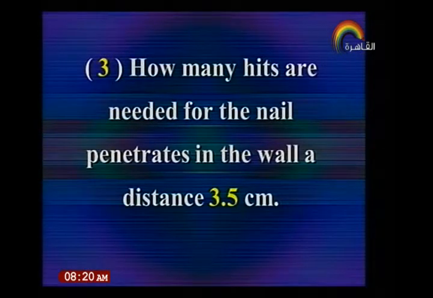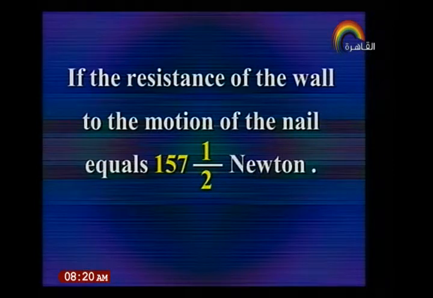The third required: how many hits are needed for the nail to penetrate the wall a distance of 3.5 centimeter, if the resistance of the wall to the motion of the nail equals 157.5 Newton.